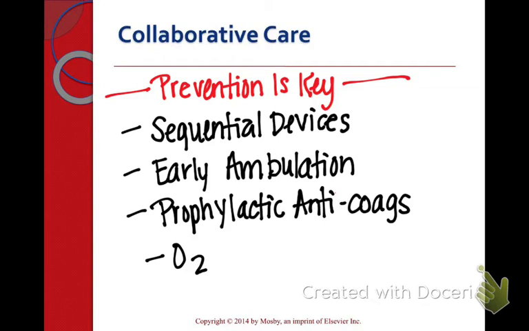I know it sometimes feels very monotonous doing all that, but it is important to prevent these PEs. And then, of course, oxygen is also helpful in caring for them.